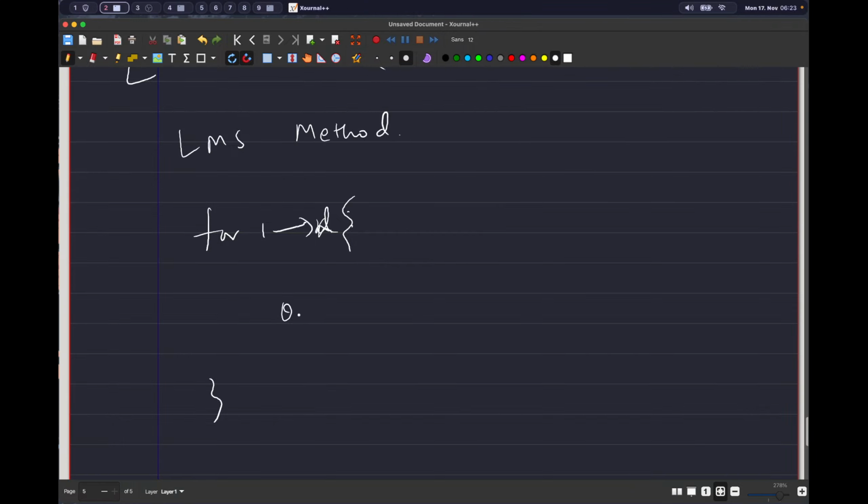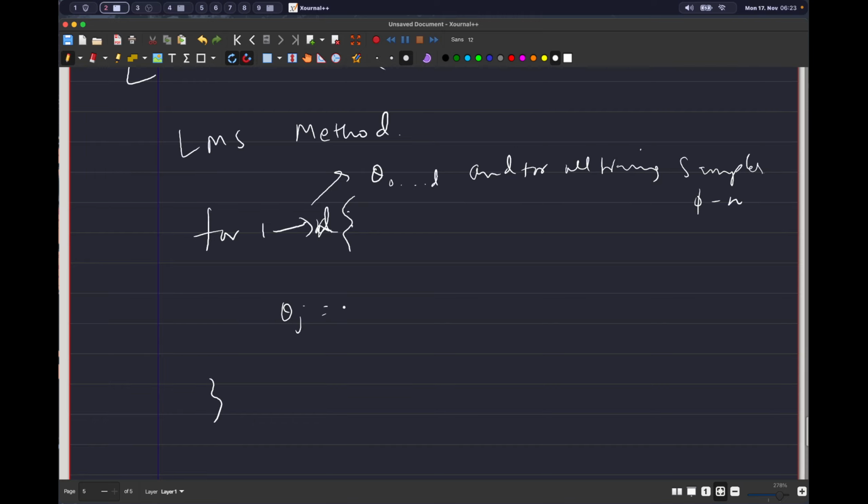So for all theta from 0 to d, you will do this, and for all training samples, which would be 0 to n, let's say, or 1 to n, whatever you may consider.